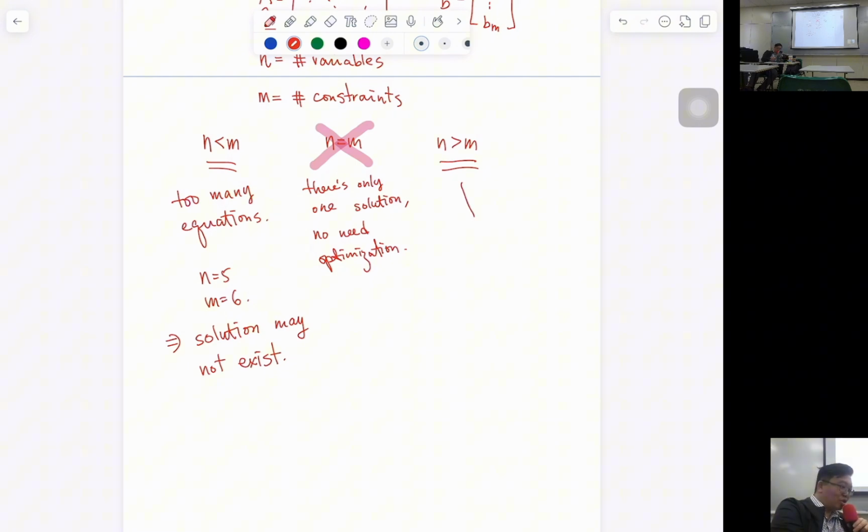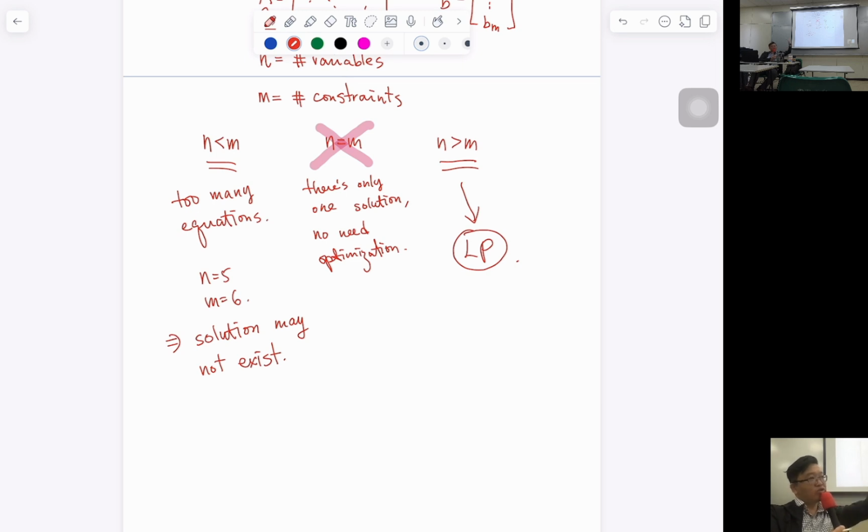So this is the case for LP. The number of equations is not exactly the same as the number of variables. Too many is not good, and neither is not enough.